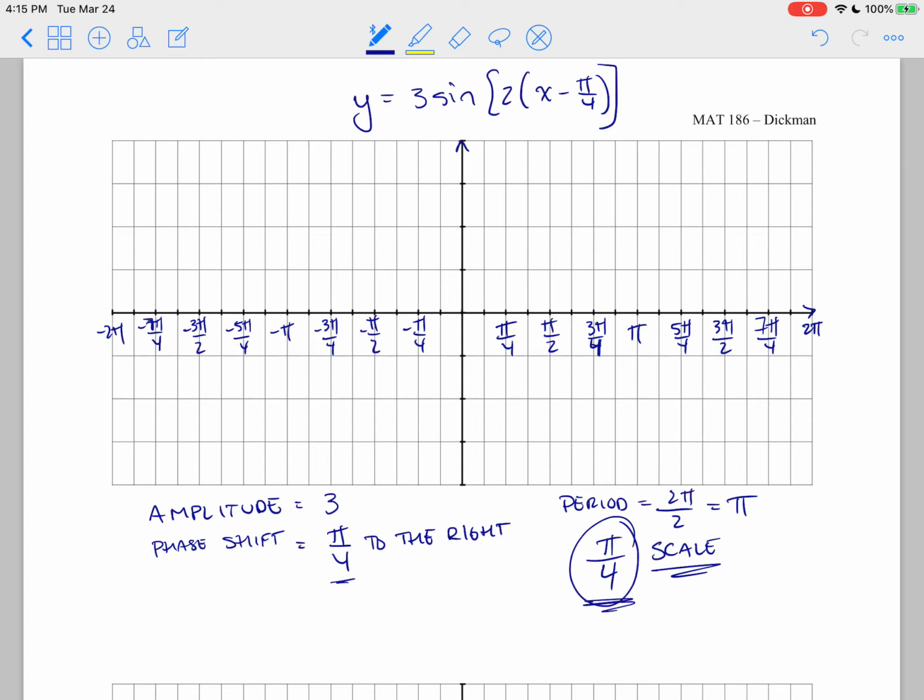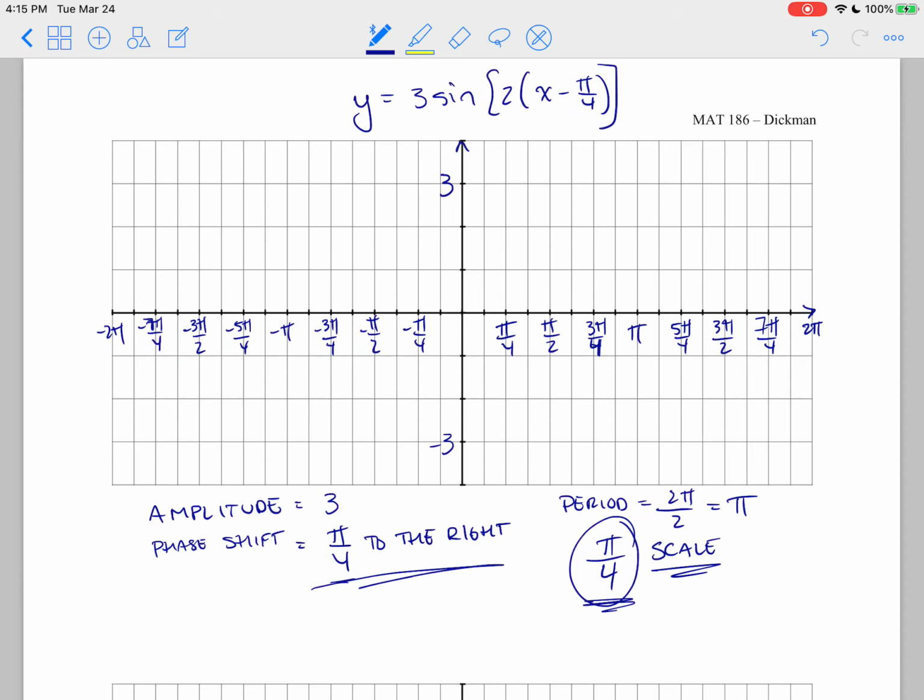But taking the period and dividing it into 4 equal parts is a great starting point for your scale. It's not always going to work, but it's a great starting point.